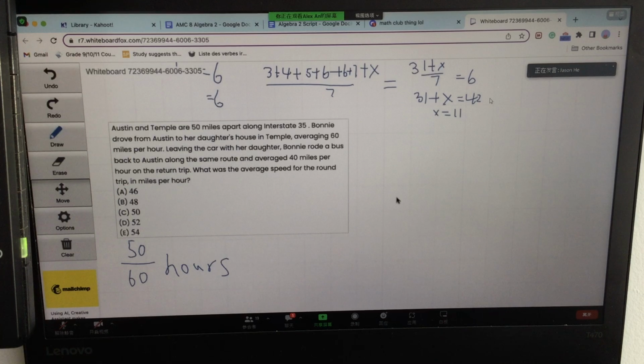And the second trip averaged 40 miles per hour, so that took 50 over 40 hours.